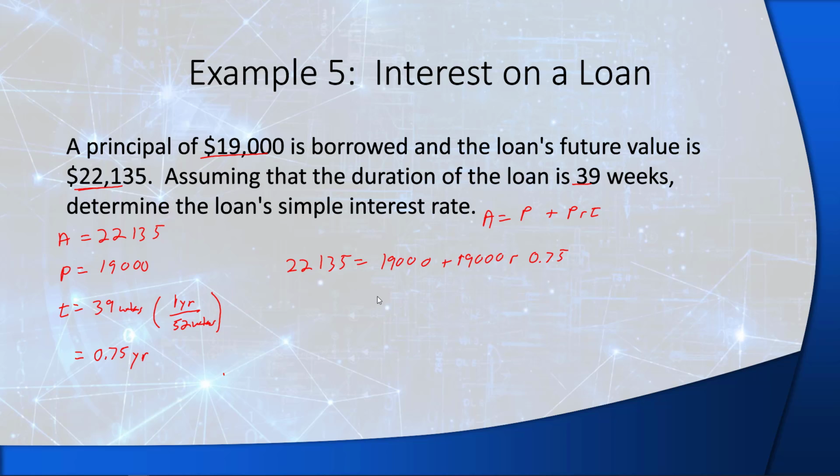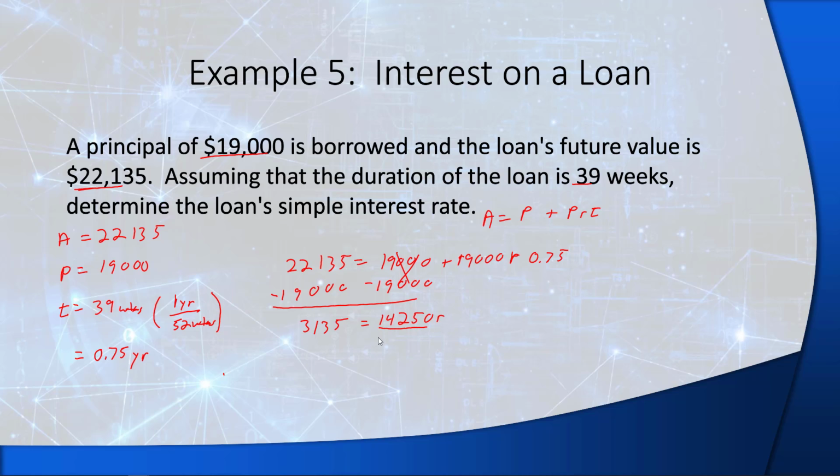Now we can subtract 19,000 from both sides. That will give us $3,135. This cancels. And this is an R. 19,000 times 0.75 is going to be equal to $14,250, and that will be multiplied by R.